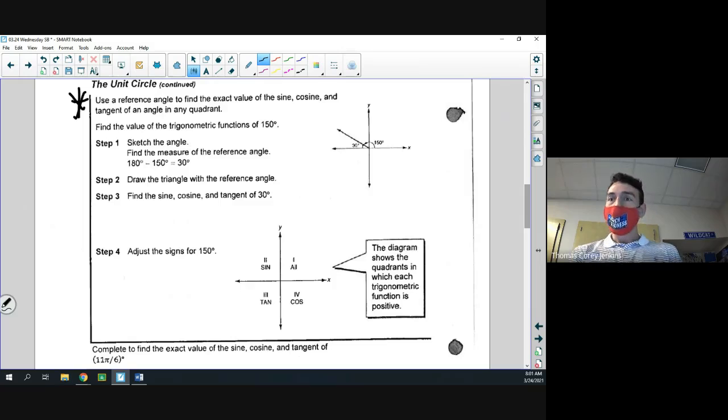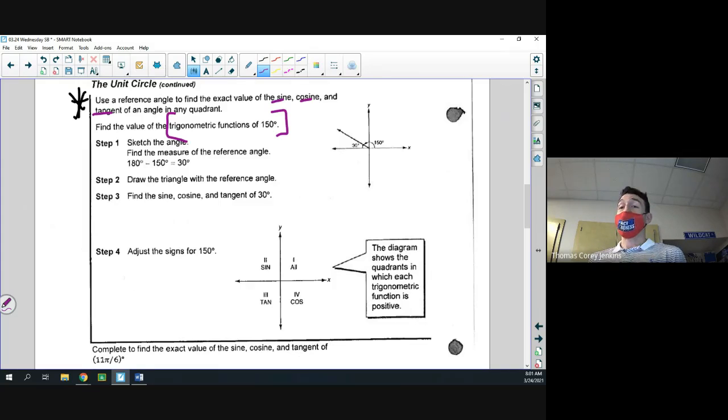All right. So what we want to do is find the 3 trig functions, not their inverses, just the 3 trig functions, sine, cosine, and tangent for 150 degrees. Now we could just type those into our calculator, right?